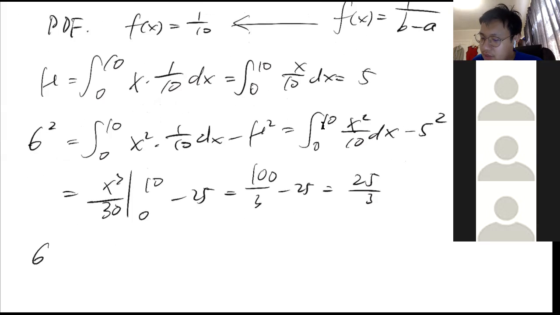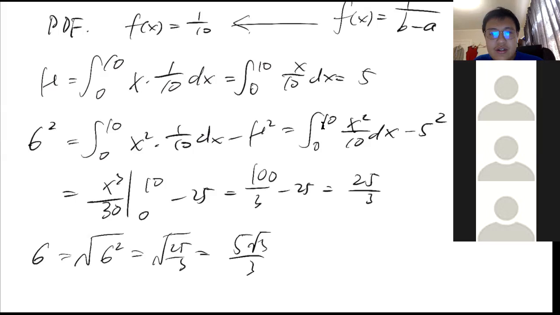So we know that the standard deviation is just the square root of the variance, which is the square root of 25 over 3, which is 5 times square root of 3 over 3.